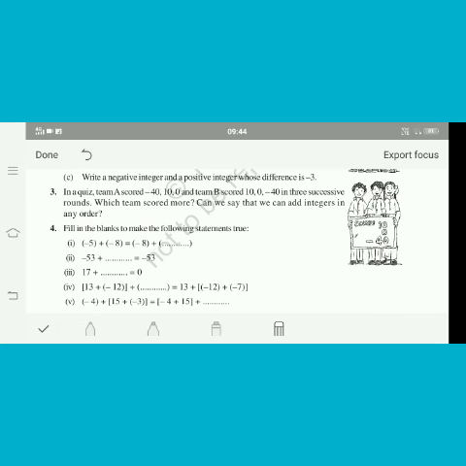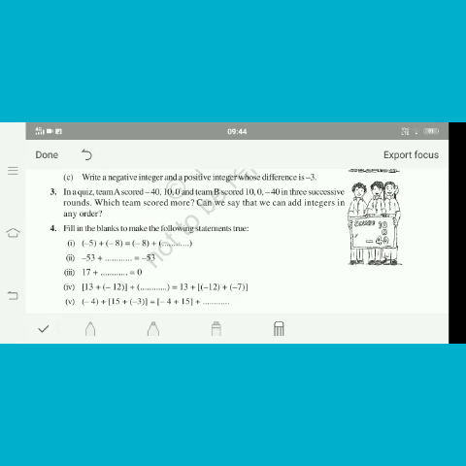So question number 4: 13 plus minus 12 plus dash is equal to 13 plus minus 12 plus minus 7. In this case again the same rule applies, which we have done. The same rule means the additive identity.